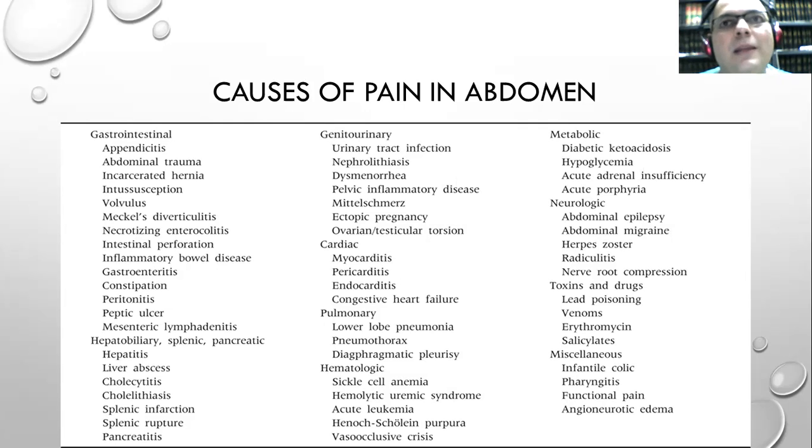Then in peri-GI tract, that is the organs which are related to the GI tract, we have hepatobiliary, splenic and pancreatic organs. So the diseases, we have liver and gallbladder, we have the spleen and the pancreas. The pathologies related to these can cause pain in abdomen.